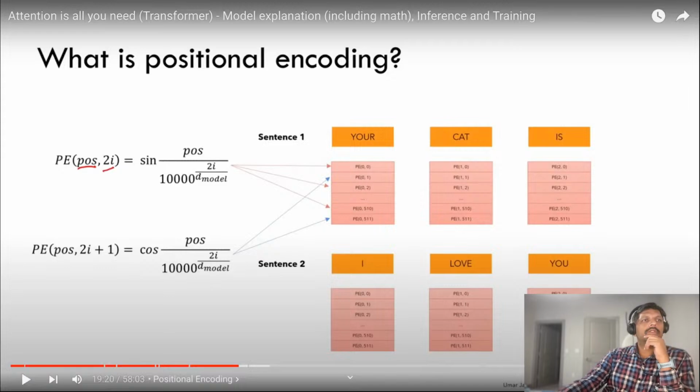Zero index of token 0, 1, 2, 3. This is a quick run.